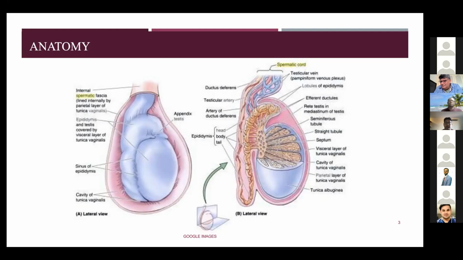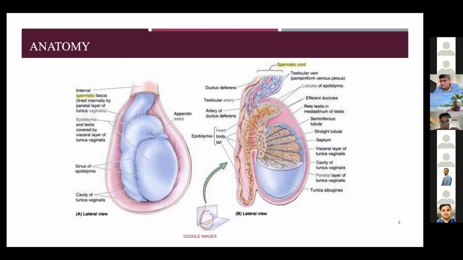The left testis usually drains into the left renal vein and subsequently into the inferior vena cava, whereas the right testis drains directly into the inferior vena cava. The nerve supply is by T10 sympathetic fibers from renal and aortic plexuses, and lymph drainage is into the para-aortic lymph nodes.